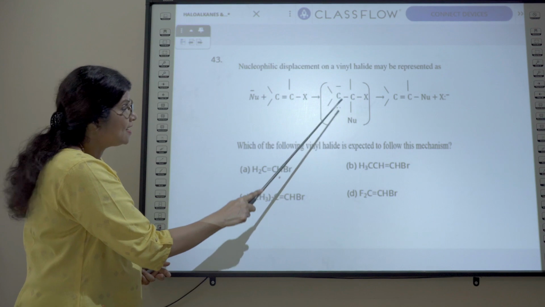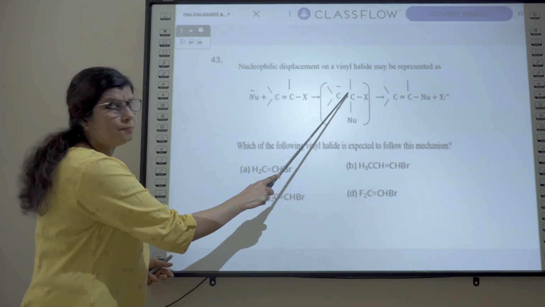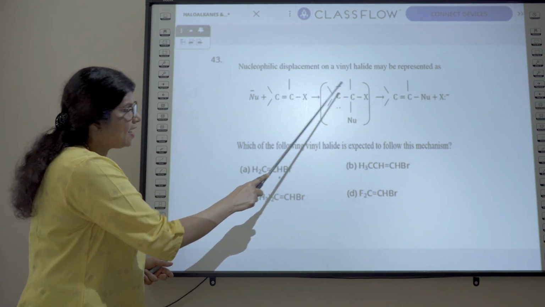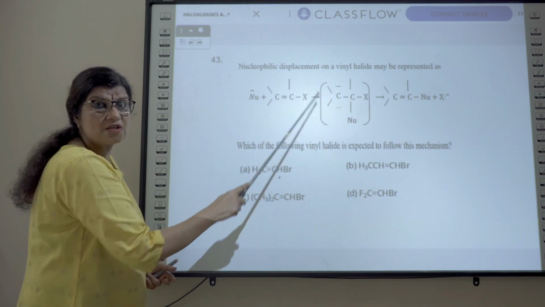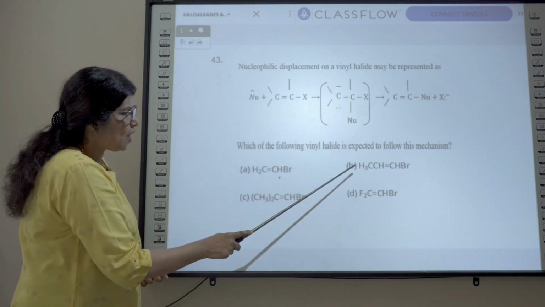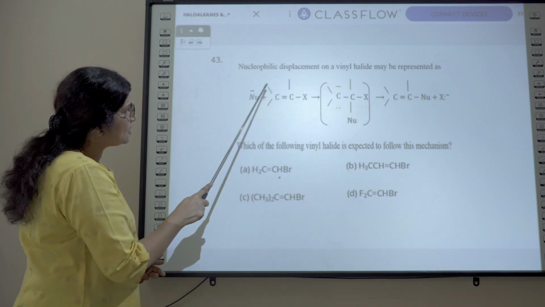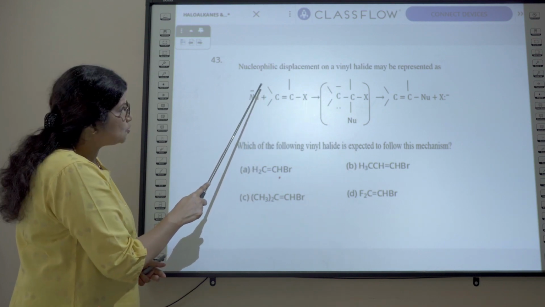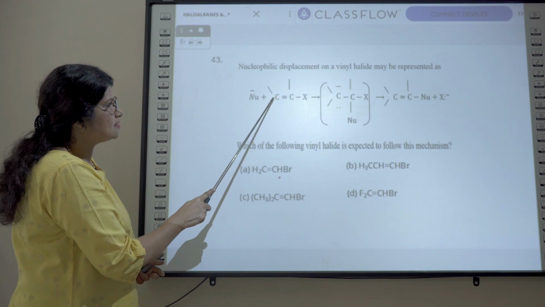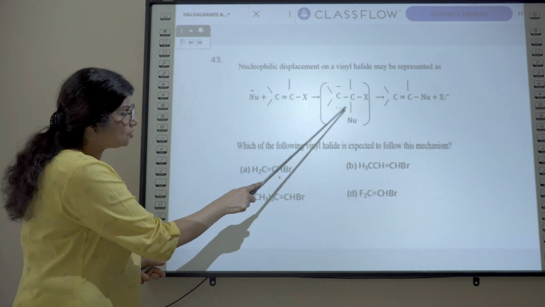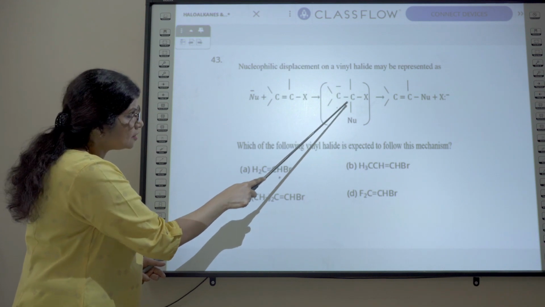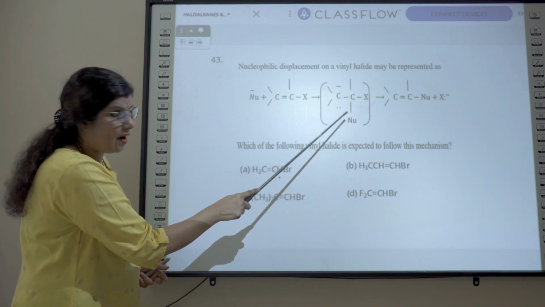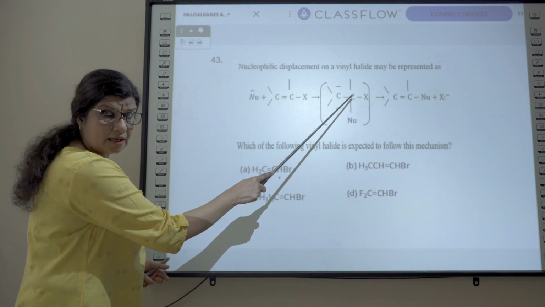In other words, this carbon atom is acquiring a positive charge, and this carbon atom is acquiring a negative charge, so a carbanion is produced. If a methyl group is attached here, it will release electrons towards this carbon atom. You notice that in this intermediate, there is no pi bond. Before the nucleophile got attached, why did it get attached to this carbon atom?